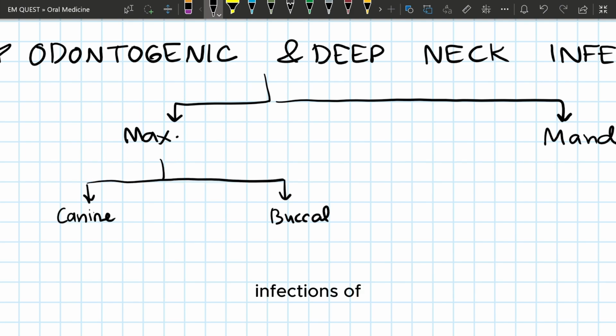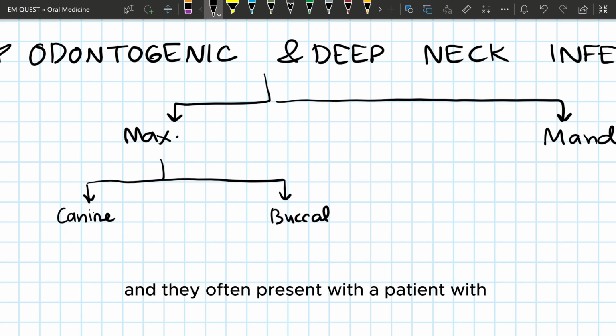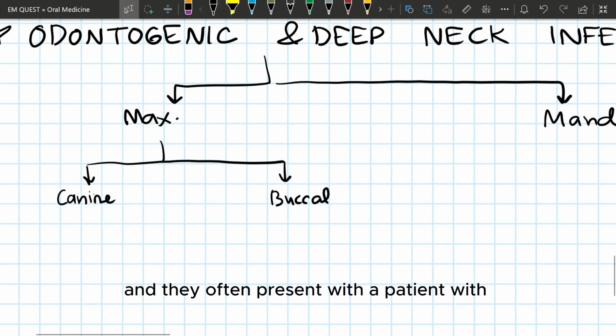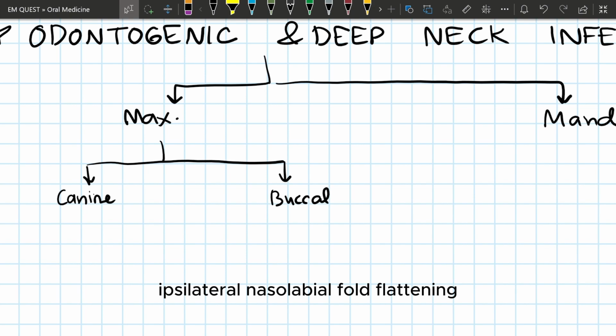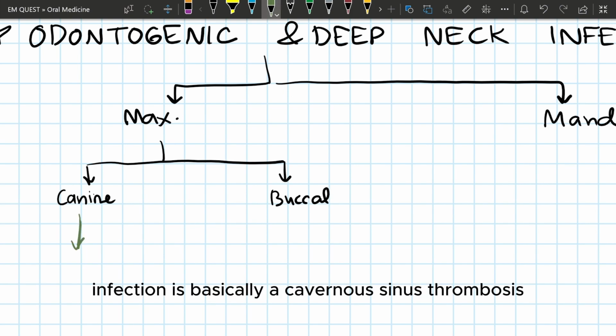Infections of maxillary canines can lead to a canine space infection, and they often present with ipsilateral nasolabial fold flattening. What we are worried about in canine infection is basically a cavernous sinus thrombosis.